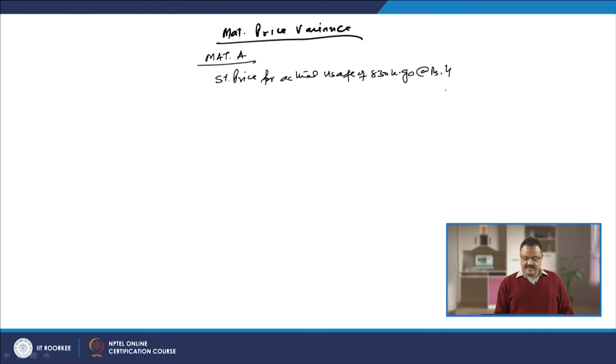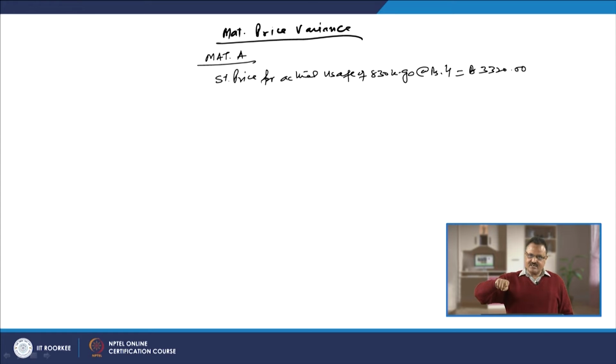Standard price for actual usage of 830 kgs at the rate of rupees 4 is going to be how much? Total price of the material is going to be how much? That is rupees 3320, right.